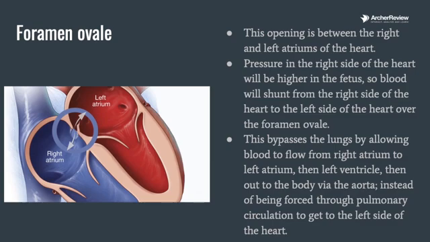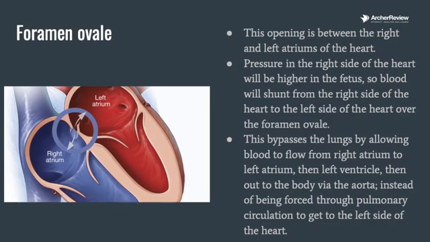And then any blood that does end up coming back to the right atrium, it's going to shunt over to the left atrium, ventricle, out to the aorta. So we have two openings that are going to allow blood to immediately go out into systemic circulation, totally skipping pulmonary circulation.